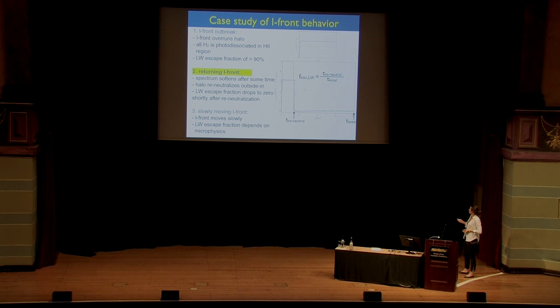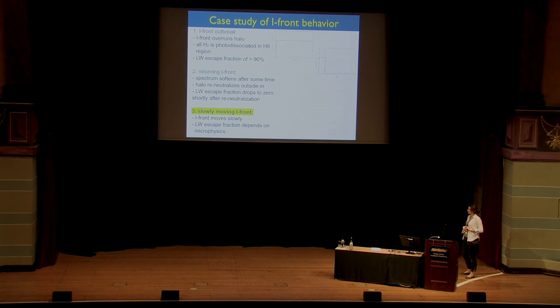And we can now approximate the Lyman-Werner escape fraction by this simple formula, where we can take the time where the reneutralization outside in of the halo happens, divided by the total time for which the simulation is running, and this then gives approximately the Lyman-Werner escape fraction.